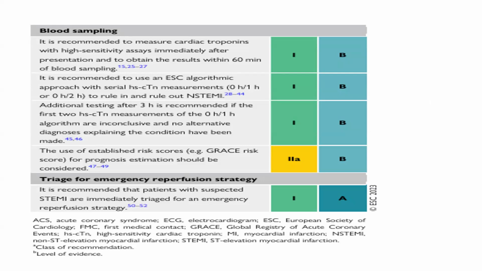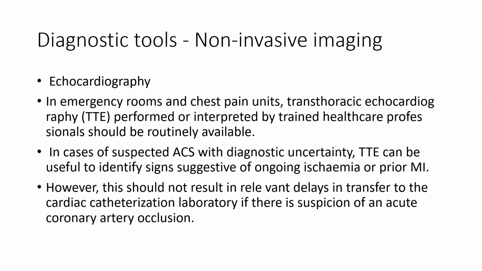Additional testing after 3 hours is recommended if the first two HS troponin measures of the 0 to 1 hour algorithm are inconclusive and no alternative diagnosis explaining the condition has been made. The use of established risk scores for prognosis estimation should be considered. Then triage for emergency reperfusion strategy. It is recommended that patients with suspected STEMI are immediately triaged for the emergency reperfusion strategy.